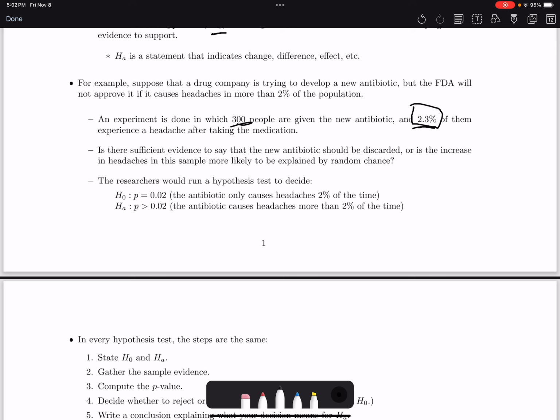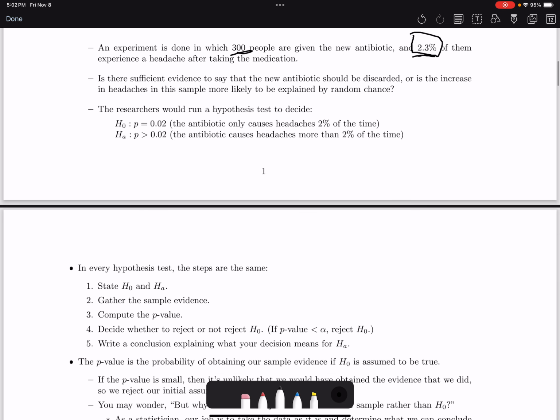This is where hypothesis testing comes in. The researchers would run a hypothesis test, testing to see if the true population proportion of people who take this medication and experience side effects is 2%, or if maybe it's more than that.